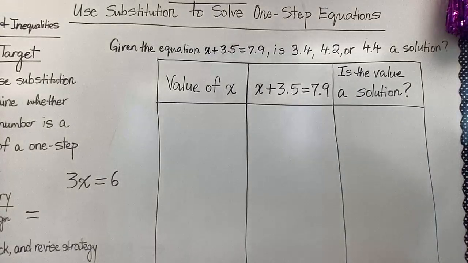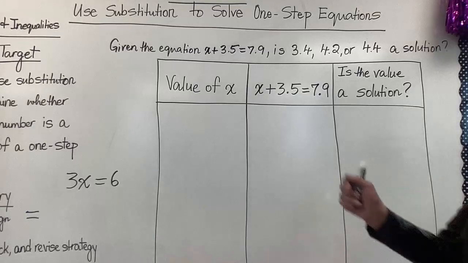Now, you may be given a specified set of values to use to find the solution of an equation, and you can determine whether a value is a solution of an equation by using substitution.